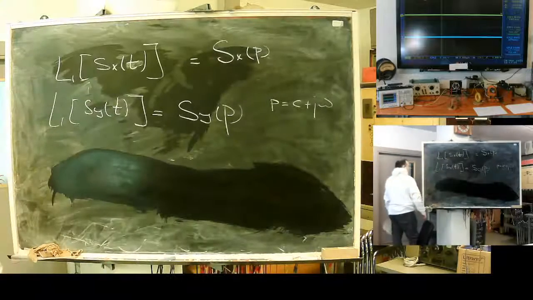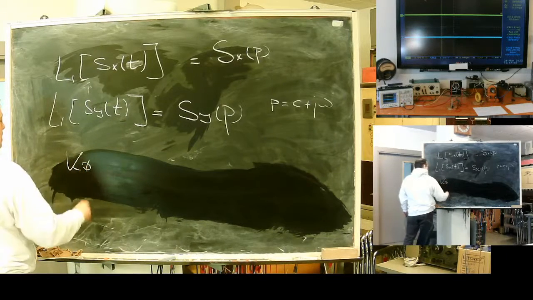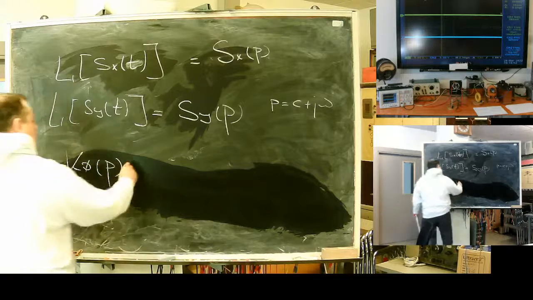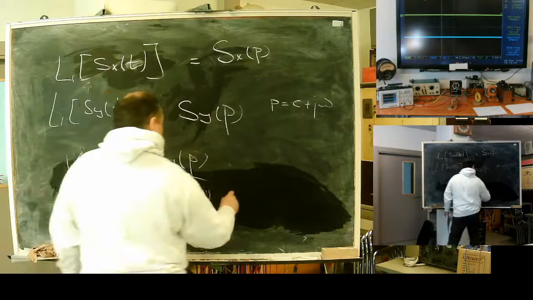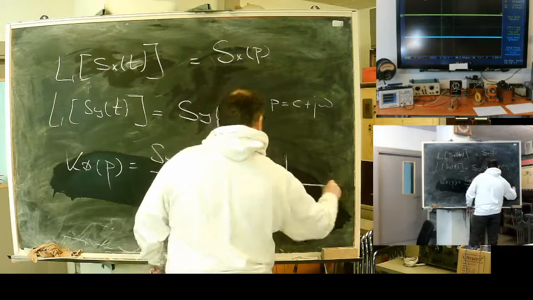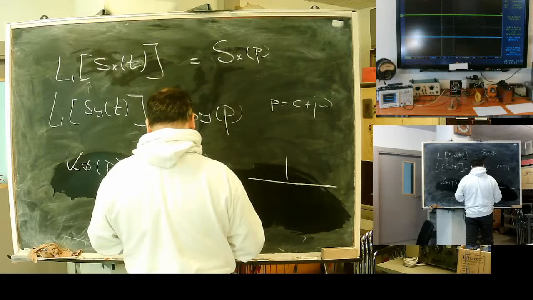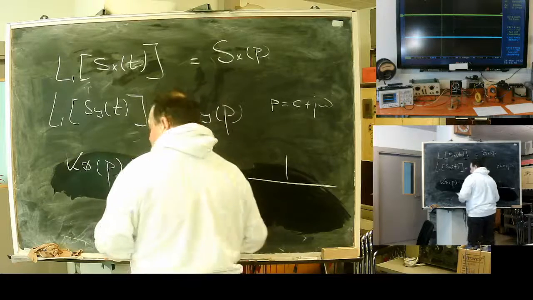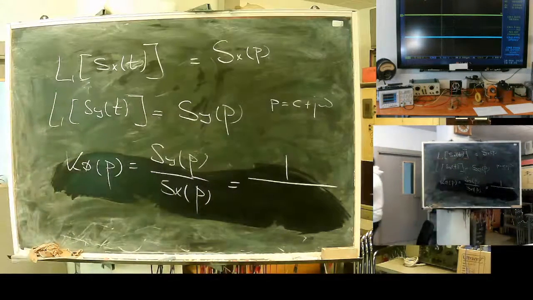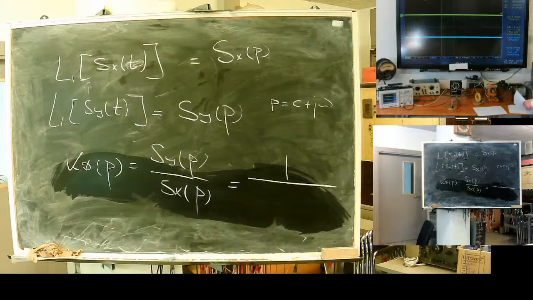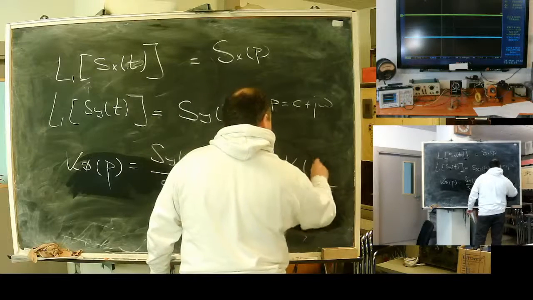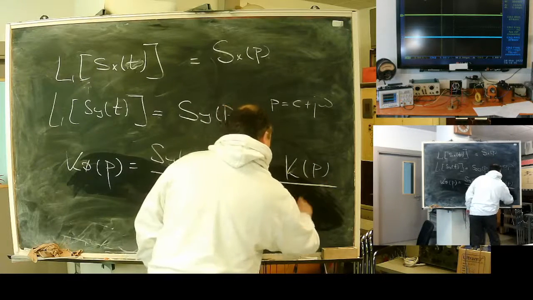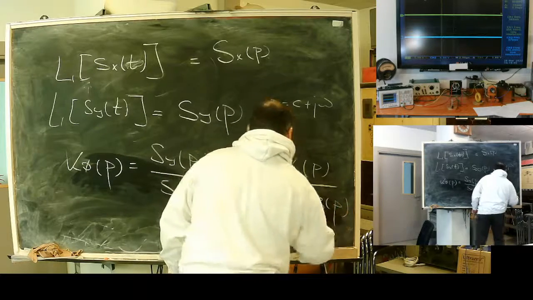For our system in Laplacian space, transfer function being K, or one, okay, maybe to make it a bit clearer, we can write 1 minus K beta as a function of complex frequency.